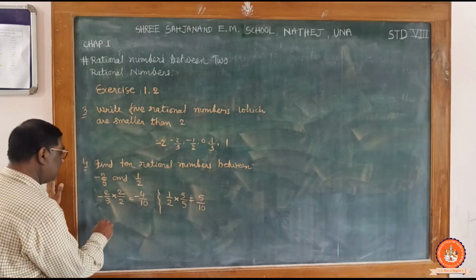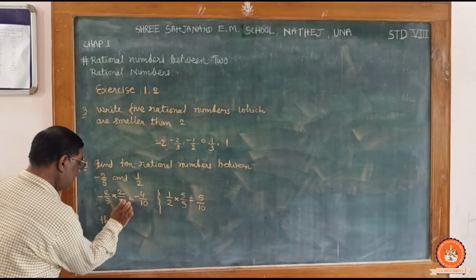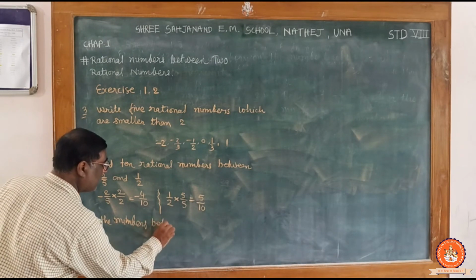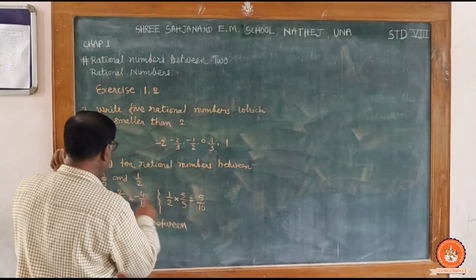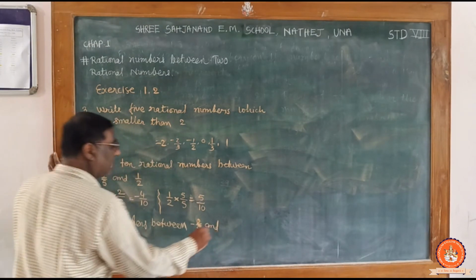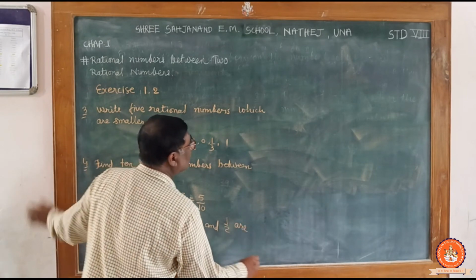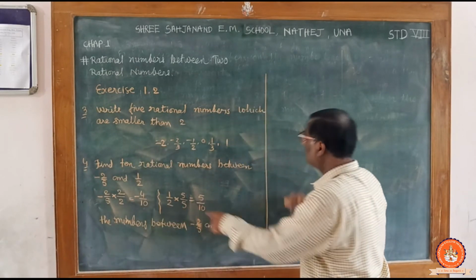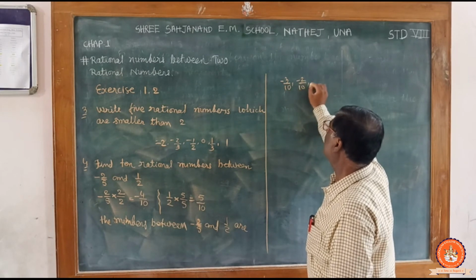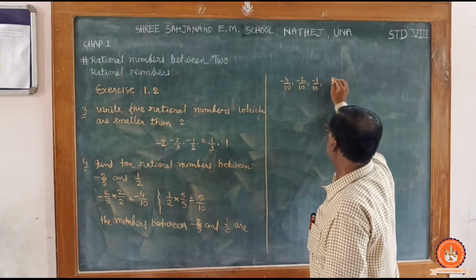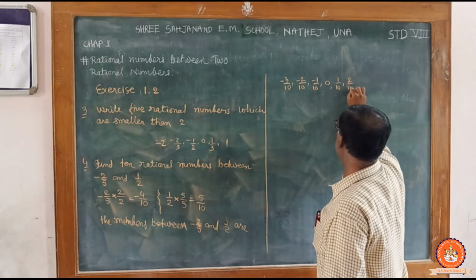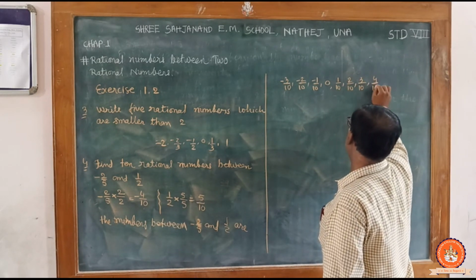Okay. Now the numbers between minus 2 by 5 and 1 by 2 are minus 3 upon 10, minus 2 upon 10, minus 1 upon 10, 0, 1 upon 10, 2 upon 10, 3 upon 10, 4 upon 10.